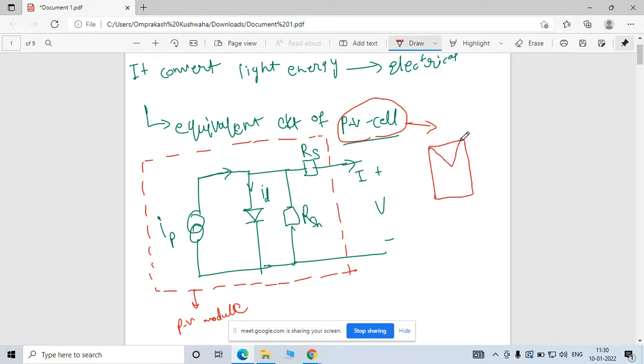This is the symbol of the PV cell, and this is your anode and this is your cathode. The current flows from anode to cathode. So this is the symbol of the PV cell, and this is the equivalent circuit of your PV module.